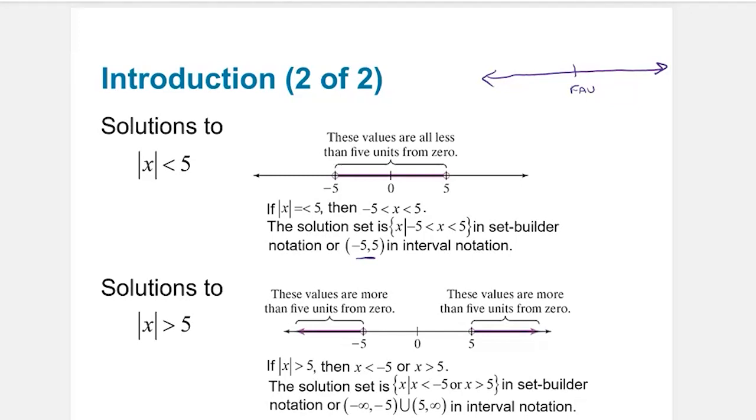But let's say I'm at FAU and you tell me you live less than 5 miles from FAU. So if I call this west and I call this east, and I call this 5 miles and this 5 miles, let's say I know you live 5 miles from FAU, but either east or west, not north or south, because we're not doing a circular range, we're just doing a linear range, right?